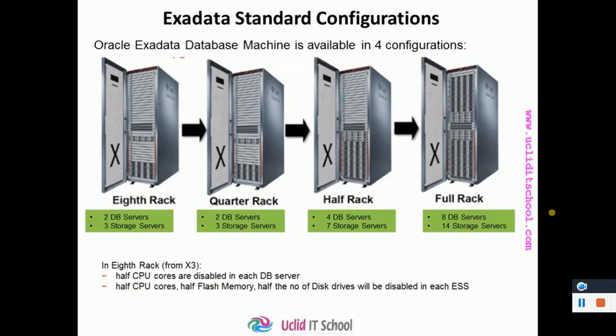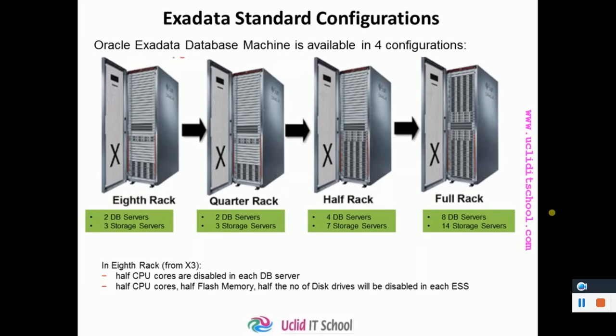Initially, 8th rack was not available. 8th rack was introduced in the X3 version. So before X3, you have only quarter rack, half rack, full rack. Like a shirt is available in XL, large, medium, small.